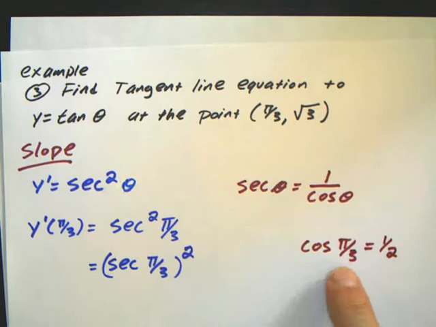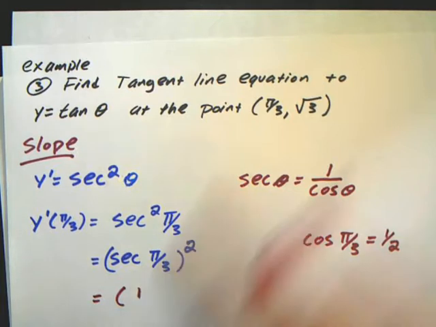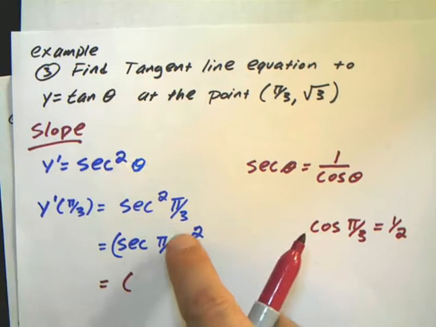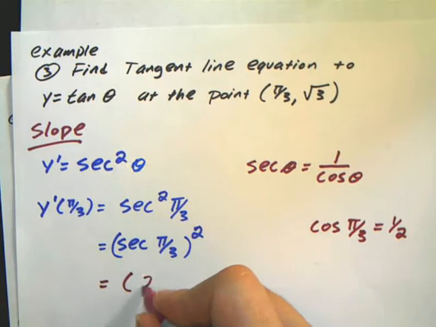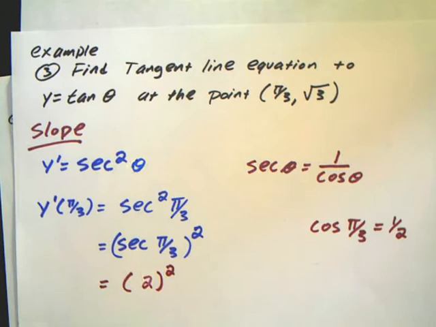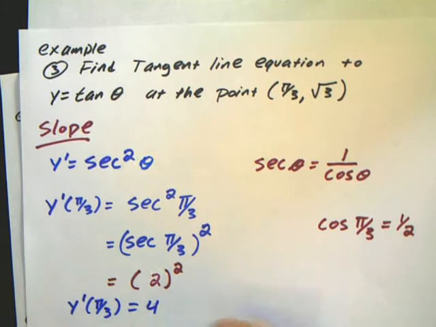So if I reciprocate cosine, I reciprocate this 1/2, and this would be equal to 2. So secant of pi over 3 is equal to 2. I'm supposed to square that, so my derivative value, my slope, is going to equal 4.